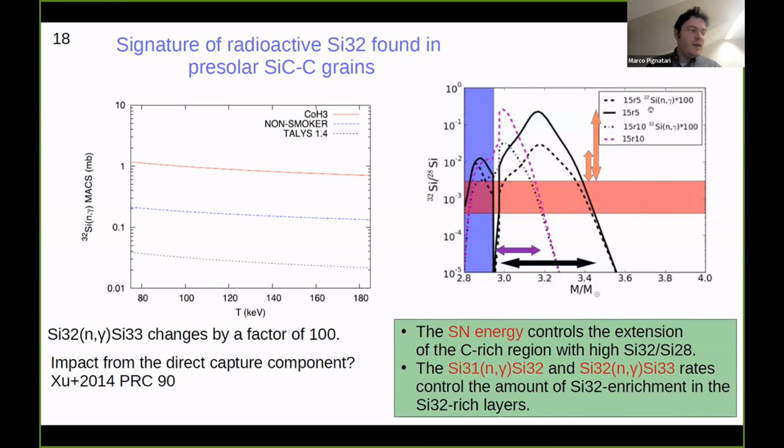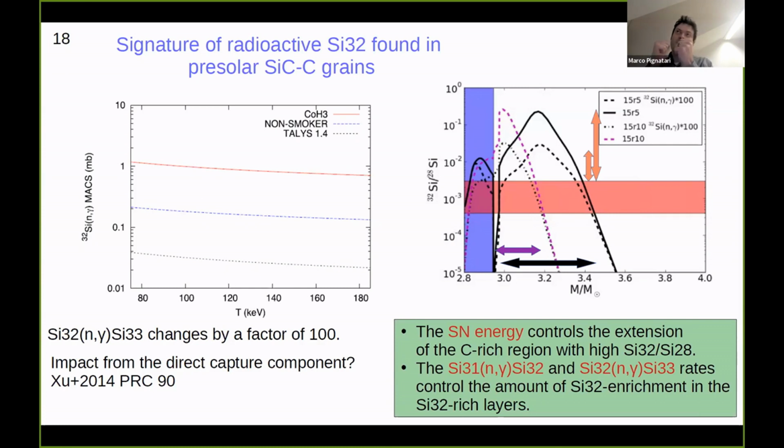And in this plot here, I show why it's actually important to know those cross sections really well. There are 4 models here, 2 models with 2 different energies. Let's take, for example, this model here with a peak where my pointer is, and then there is another peak here. Those 2 models have 2 different explosion energies.